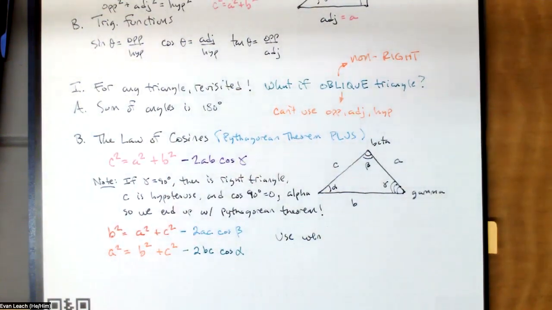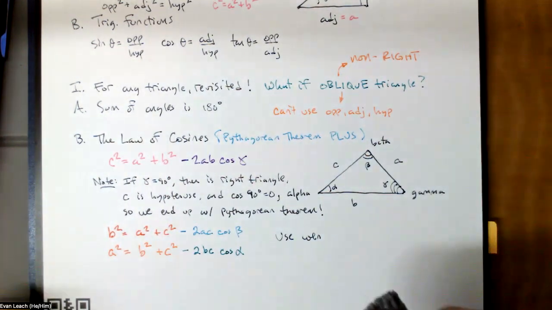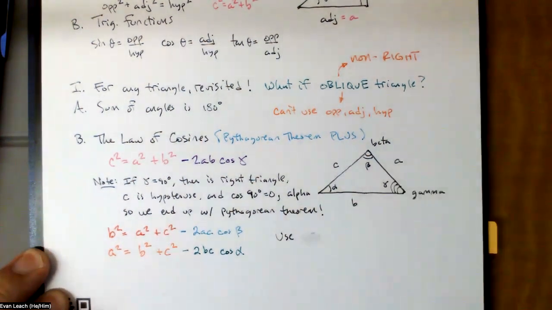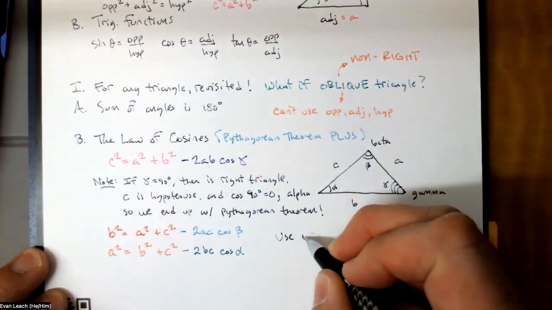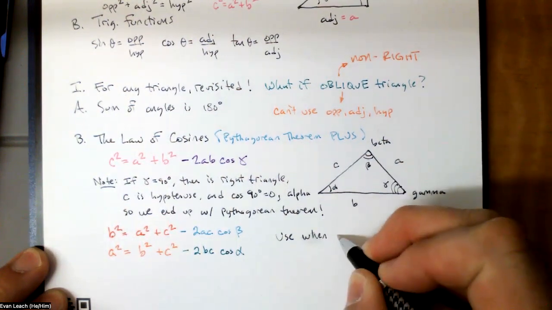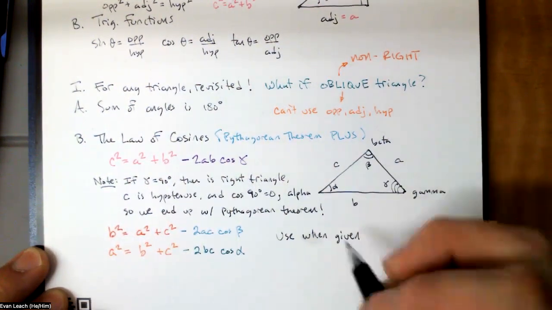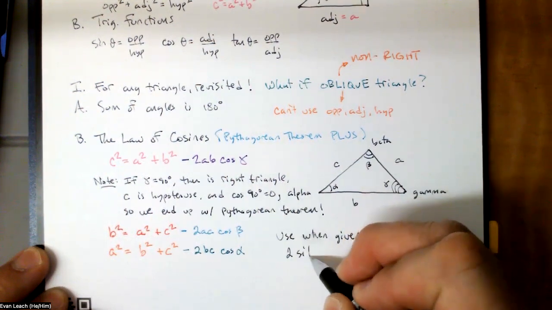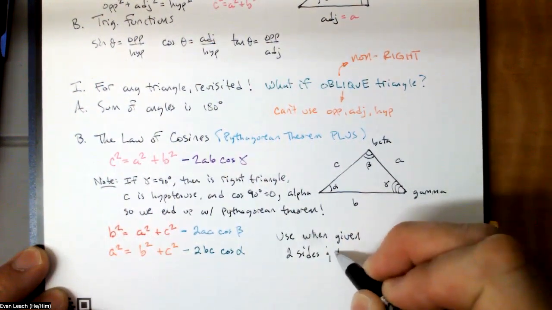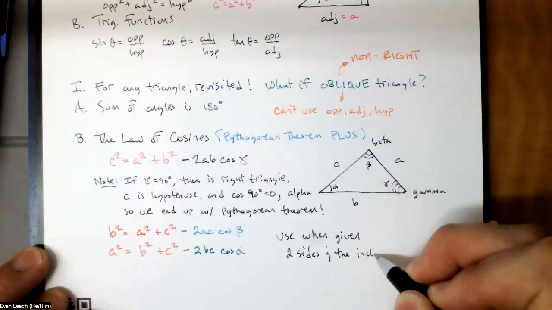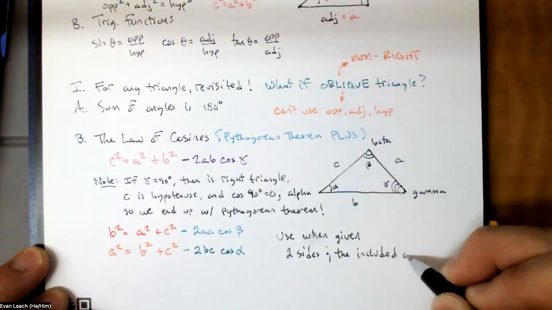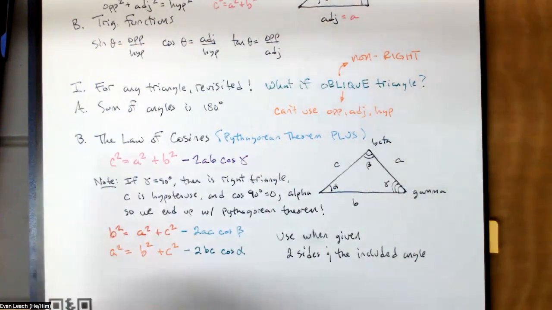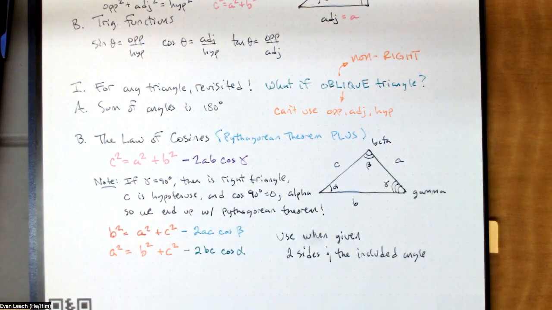I spelled when wrong. So we're going to use this law of cosines when we're given two sides and the included angle.